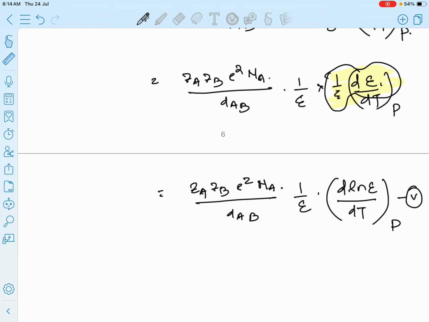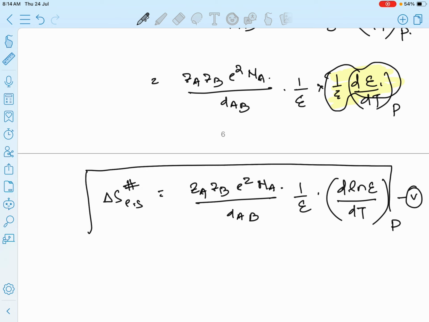So this is equation number 5, which we got from electrostatic activation. This is the contribution of electrostatics to the entropy of activation.